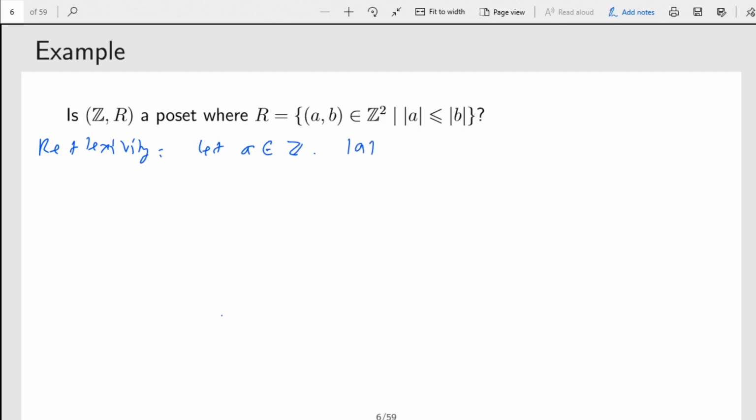Obviously the absolute value of a is less than or equal to the absolute value of a. So a, b is in the relation if the absolute value of a is less than or equal to the absolute value of b. Since the absolute value of a is less than or equal to the absolute value of a, we have that a, a is in the relation, so it's a yes.